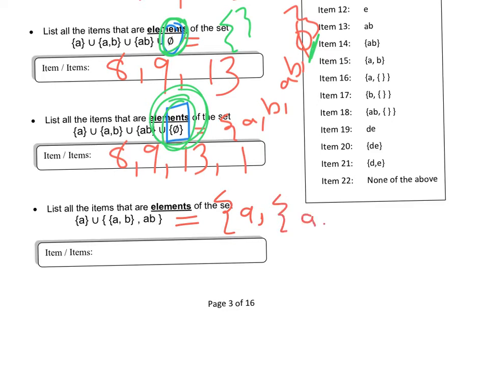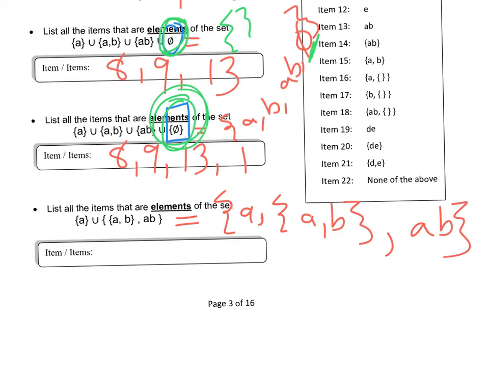And remember that this A comma B is different, right? This is the set containing A and B, so this is a single thing that has two things in it. This is just an A by itself. So they're different. And so we're going to have A, comma, the set containing A and B, and then also AB.